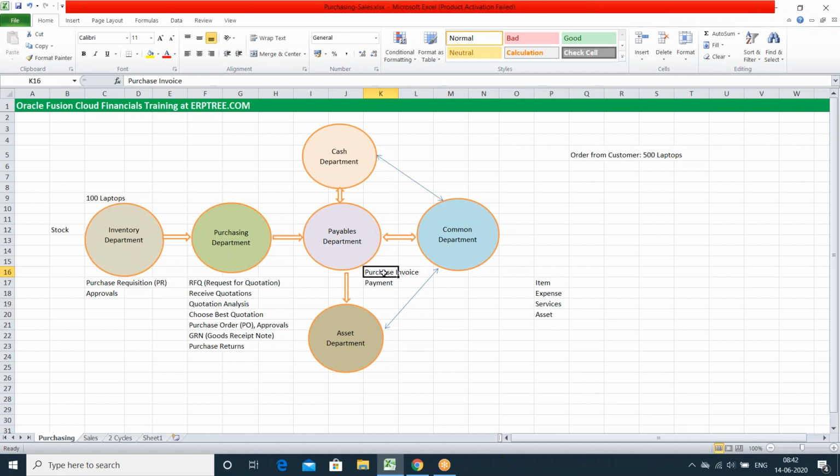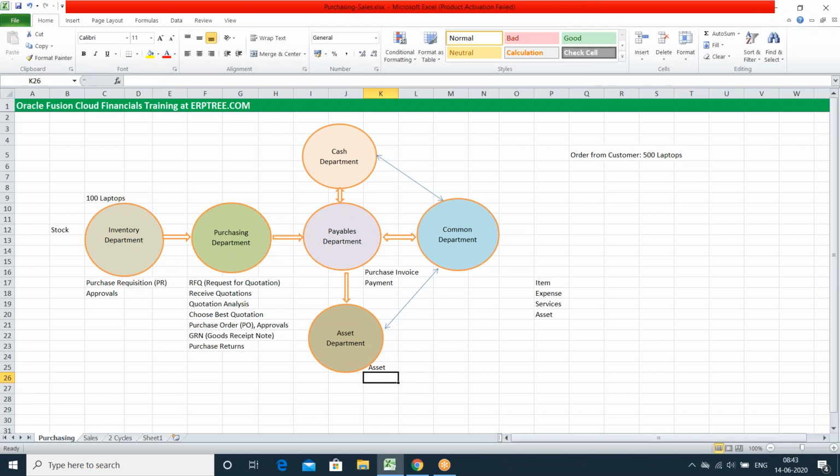If the purchase invoice is related to an asset, the payables department should pass that information to the asset department, saying our organization purchased one building, please record it in your books. Based on that information, the asset department will create the asset in their books.